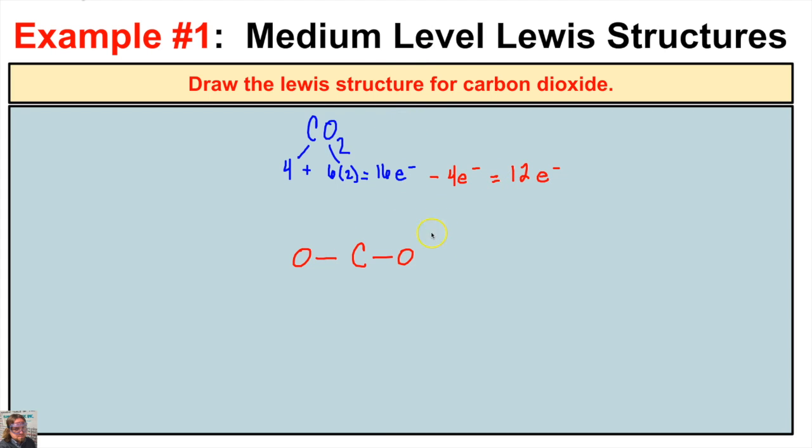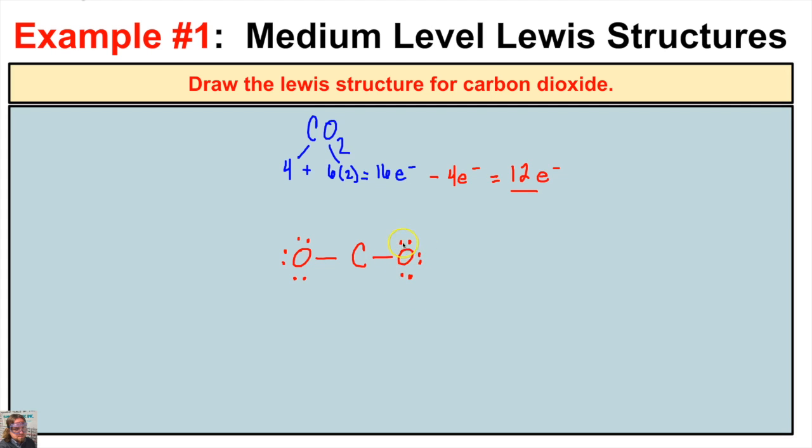So let's go ahead and try this out. We have 12 valence electrons. So we go 1, 2, 3, 4, 5, 6, 7, 8, 9, 10, and 11, and 12. Let's see if this works. So if we take a look, we've used all 16 valence electrons, 2, 4, 6, 8, 10, 12, 14, 16 valence electrons.